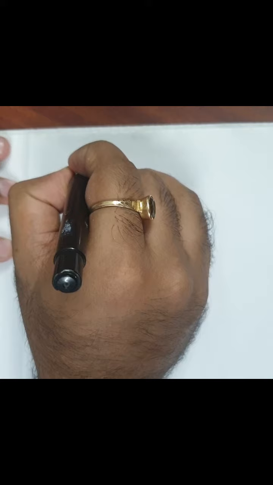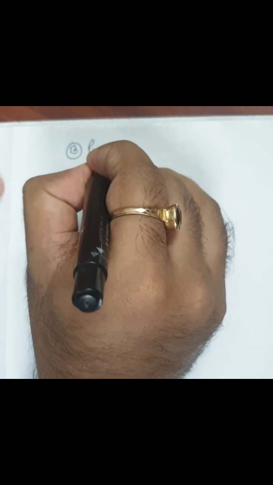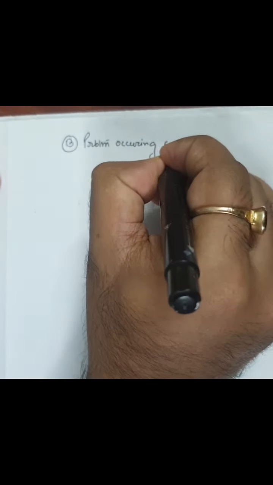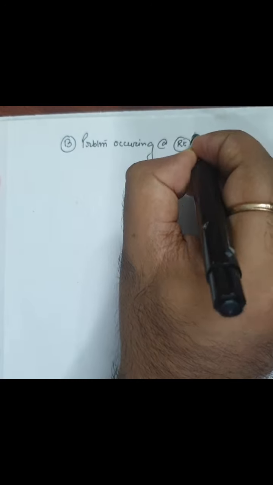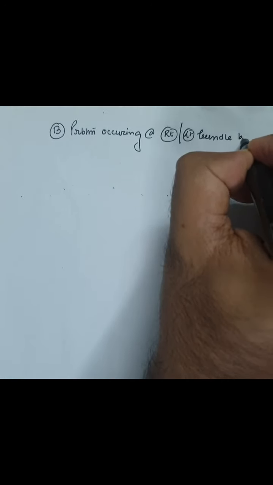Now let's take a look at the number 2 category, that is problem occurring at the right or left sided bundle branches.